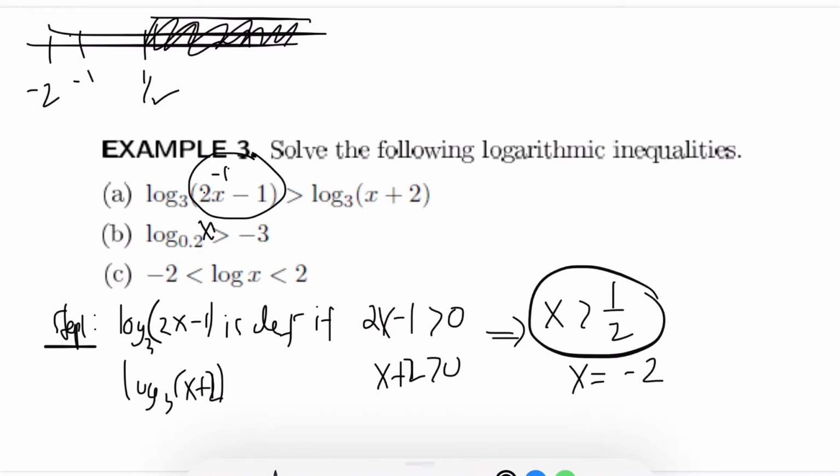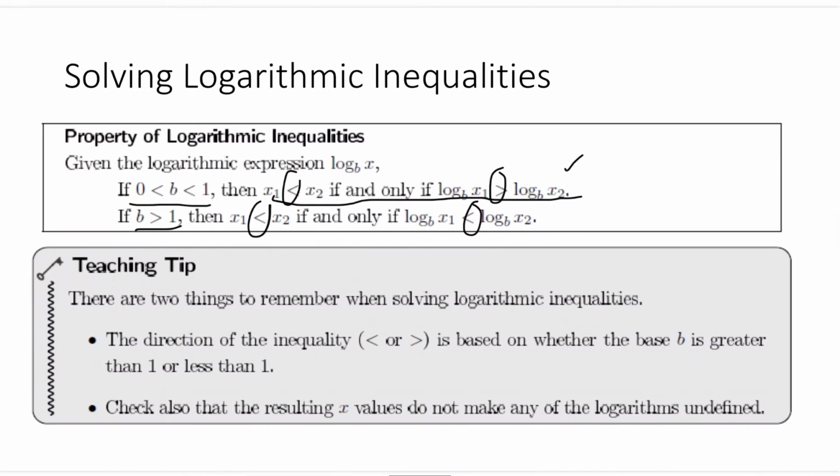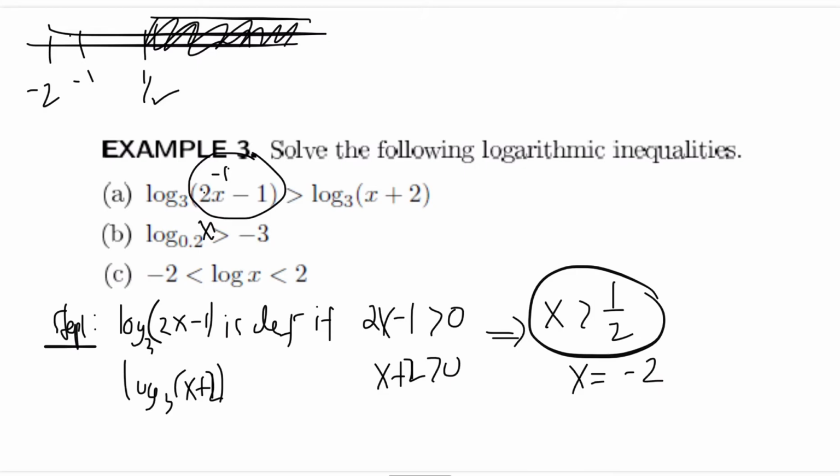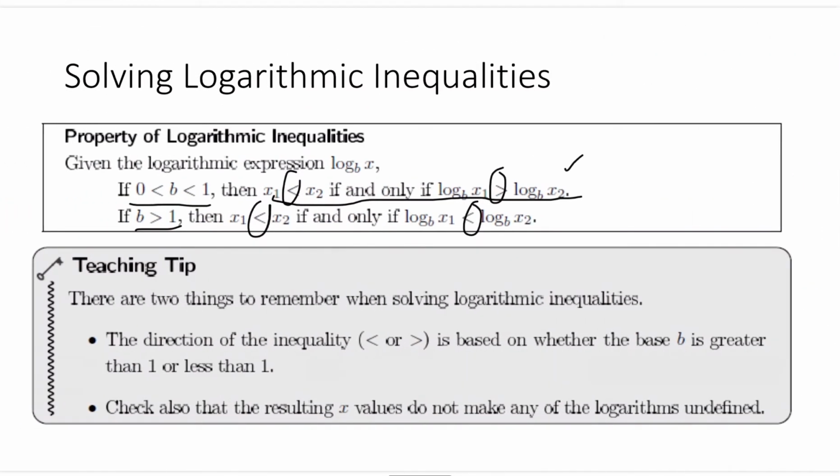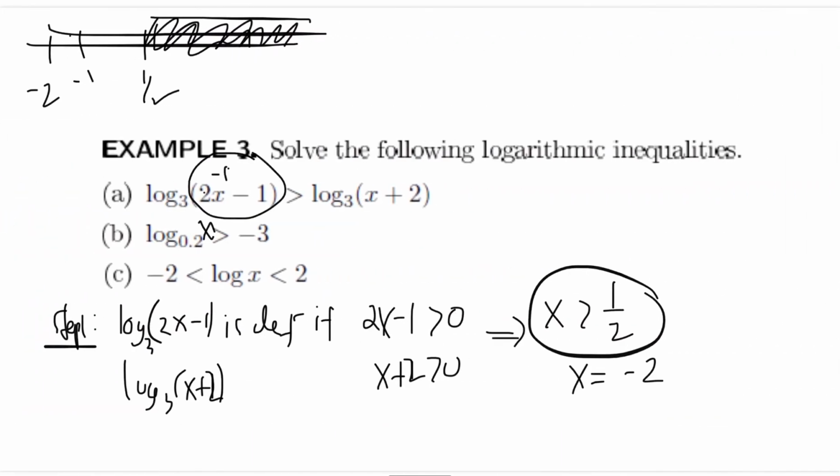Now what is step 2? Step 2 is by using our previous rule. What is our base? Our base is 3, so greater than 1. So we will use this second part. So the direction is not changed. So 2x minus 1 is greater than x plus 2.